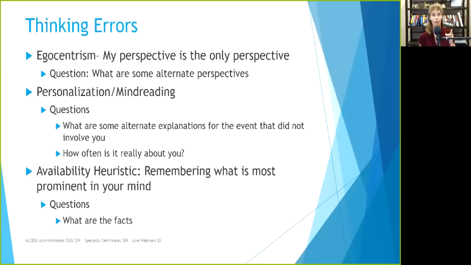That's what I remember. And they try to focus on that. That's most prominent in their mind, and they ignore the rest of the stuff. So we need to encourage people to really look objectively at the facts.